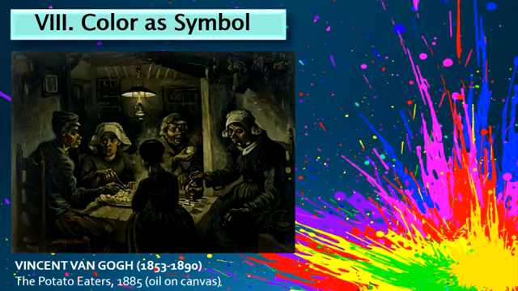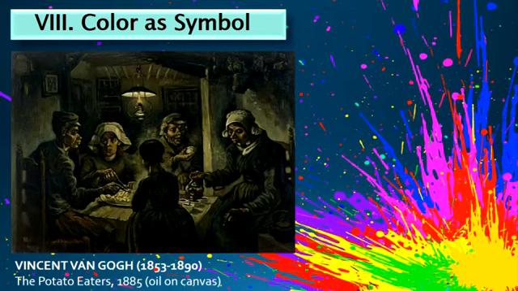It portrays a poor Dutch peasant family sitting down to share their frugal evening meal. They are agricultural laborers, and the earthy greens and browns that Van Gogh uses to paint them symbolize their closeness to and dependence on the land for their survival.